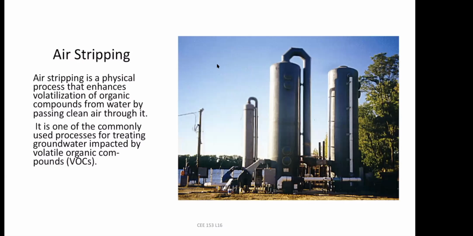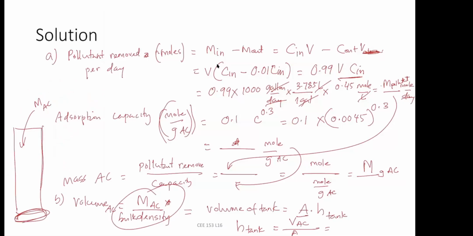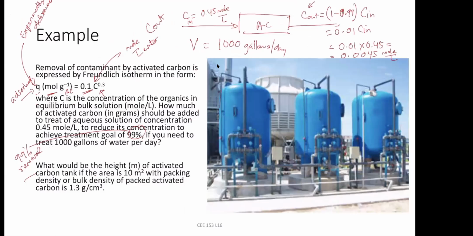Gaseous forms are cheaper to remove by air stripping because they have a tendency to get into the air. The other thing activated carbon cannot handle is highly dissolved pollutant. If it is dissolved, it doesn't have a tendency to be adsorbed on carbon-based materials.